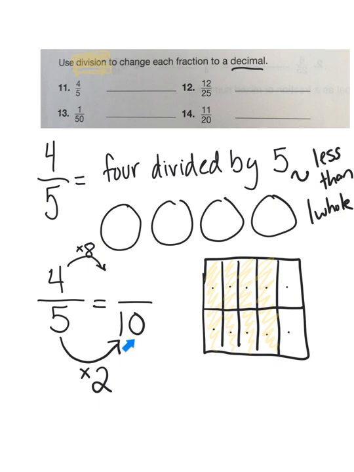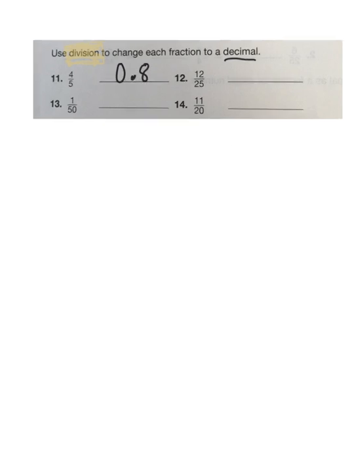And how many of them are shaded yellow? Count them up. 1, 2, 3, 4, 5, 6, 7, 8. Now, do you think it would be easy to change 8/10 to a decimal? I can write that like this, 8/10.